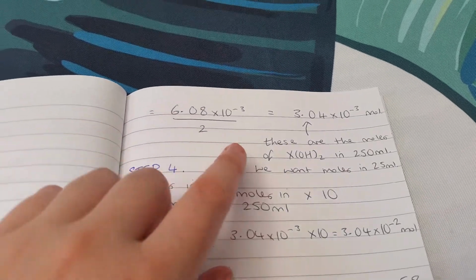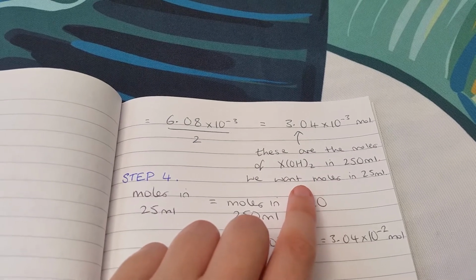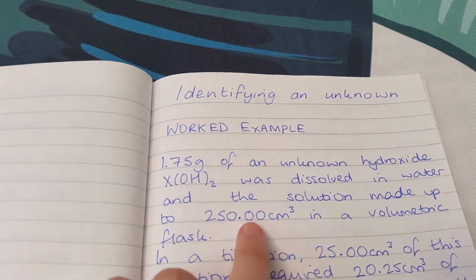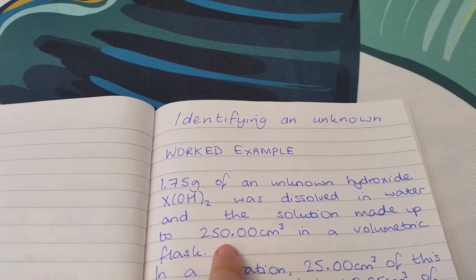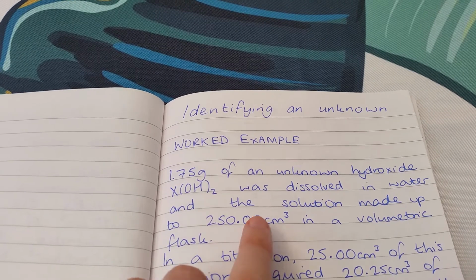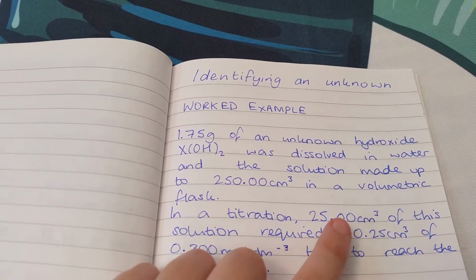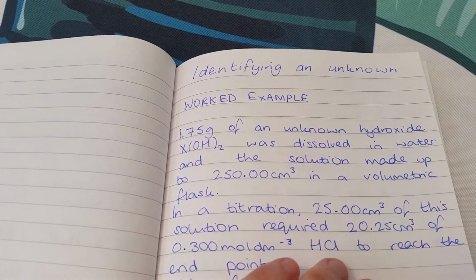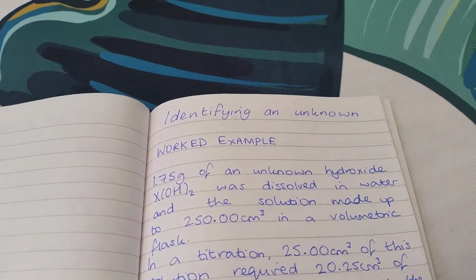So here we are. Now these are the moles of the hydroxide in 25 ml. So remember the question says we made the solution up to 250 to begin with, then we took out 25 centimeter cubed portions of this. 1 centimeter cubed equals 1 mil, by the way, it's the same.